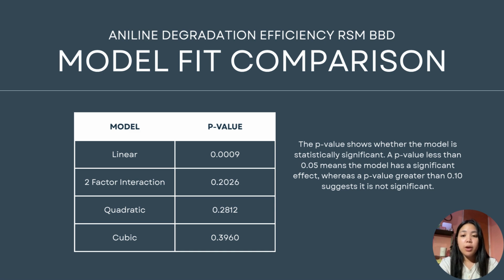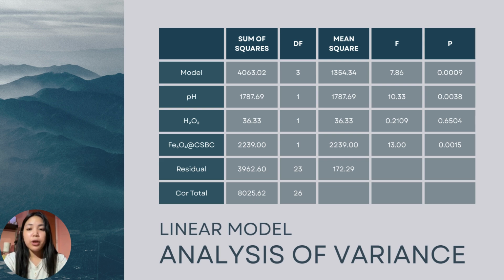From the model fit comparison, only the linear model showed a p-value less than 0.05, specifically 0.0009. This means a simple linear relationship was sufficient to explain how the parameters affected degradation efficiency, and more complex models were unnecessary. Next, we performed analysis of variance on the linear model.